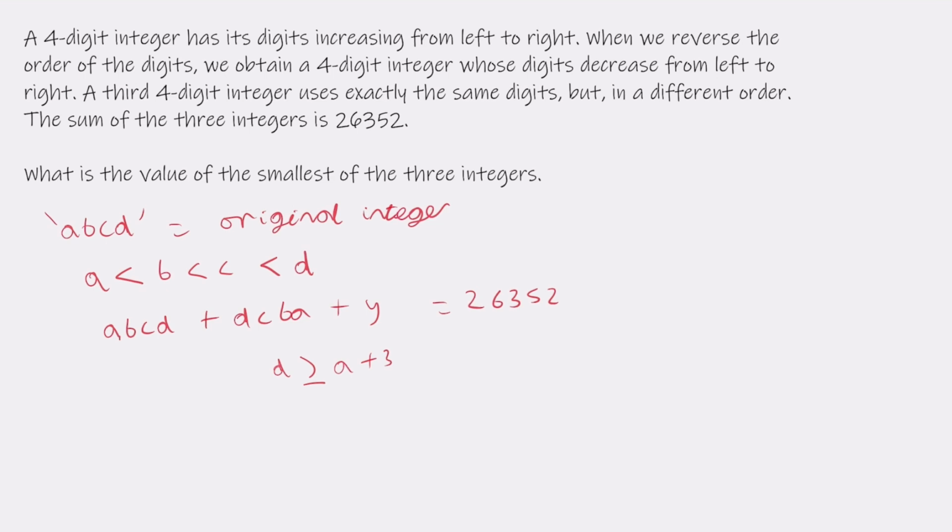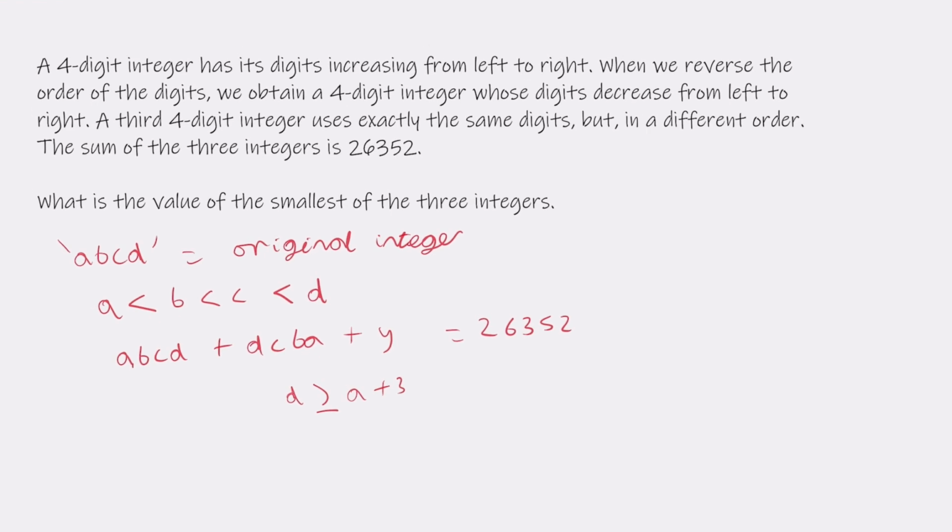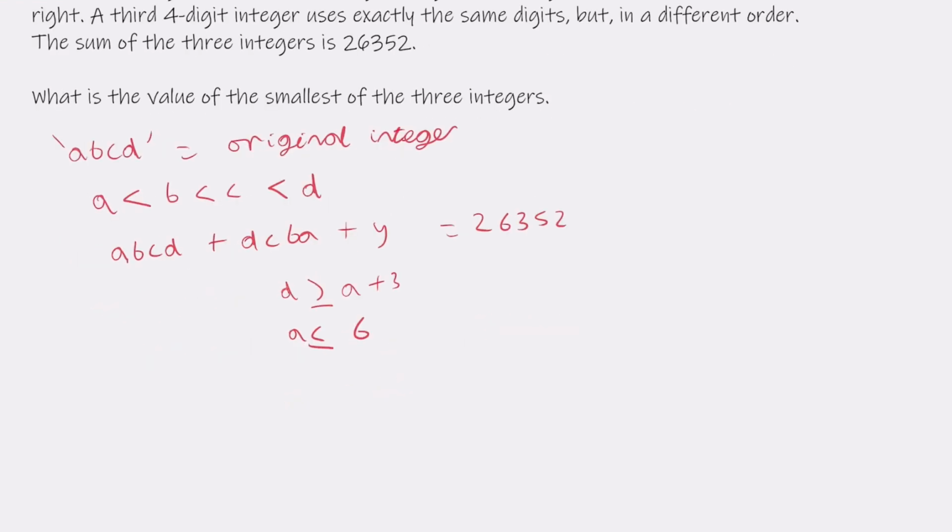So A is less than or equal to 6. And so the highest number that Y could be would be 9876. So Y would be less than or equal to 9876.